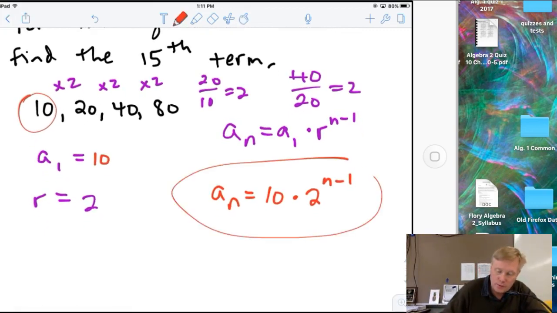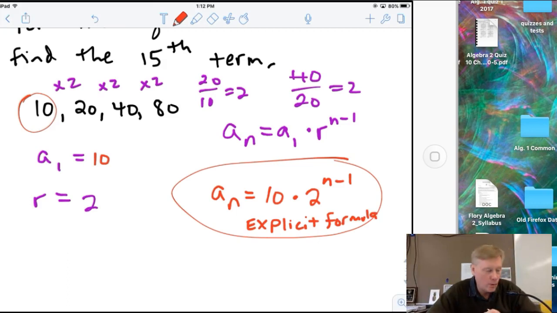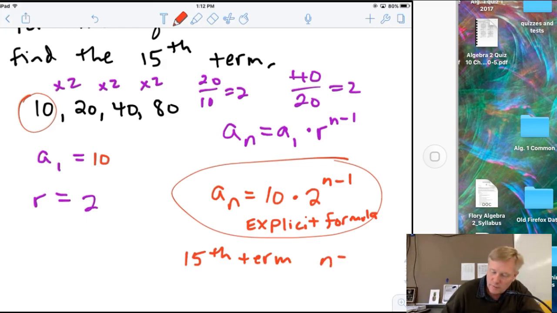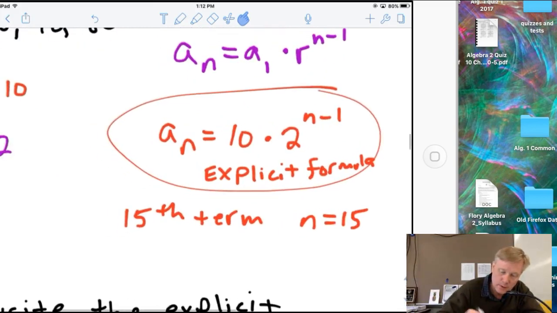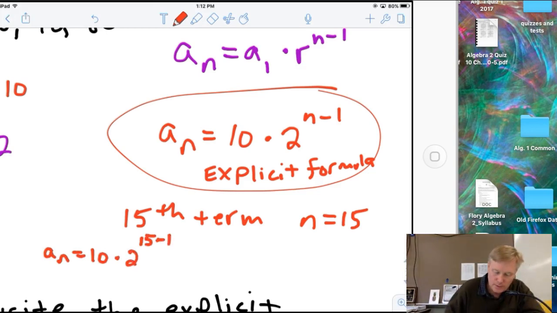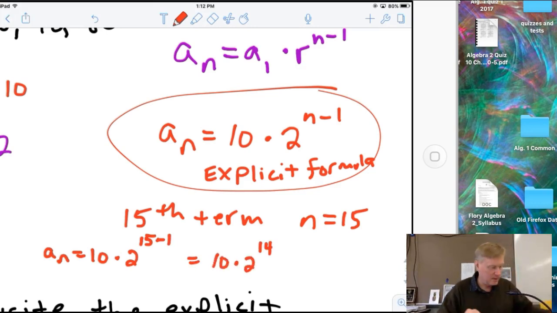So once you've got that, you can find out anything you need. For example, the next thing they asked for was what's the 15th term. That means I'm going to plug in 15 for n. So 10 times 2 to the 15 minus 1, which means I get 10 times 2 to the 14th power.